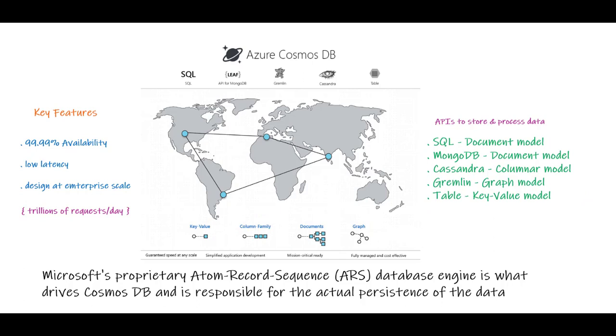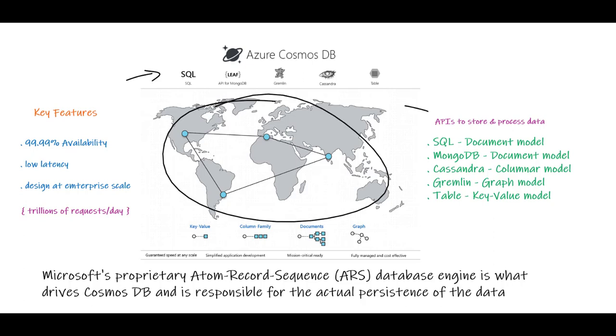But even that's not enough. It's not enough that you can select your database model. It's not enough that you can select your geographical location. It's not enough that you can pick whatever flavor engine you want to work with.